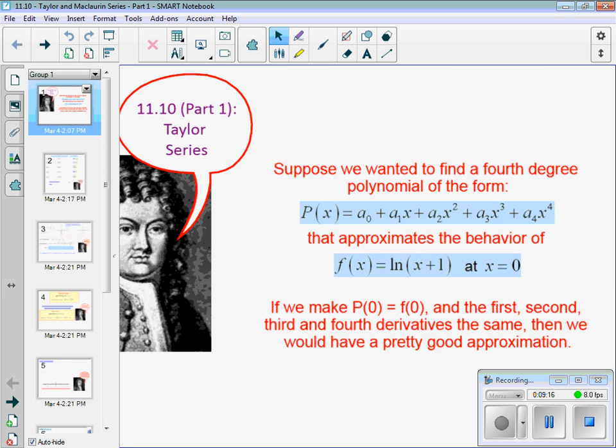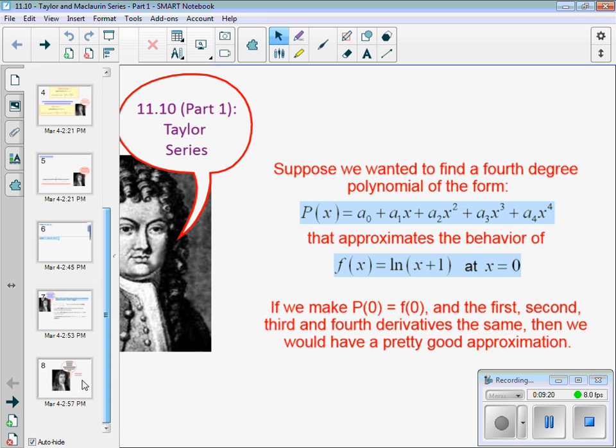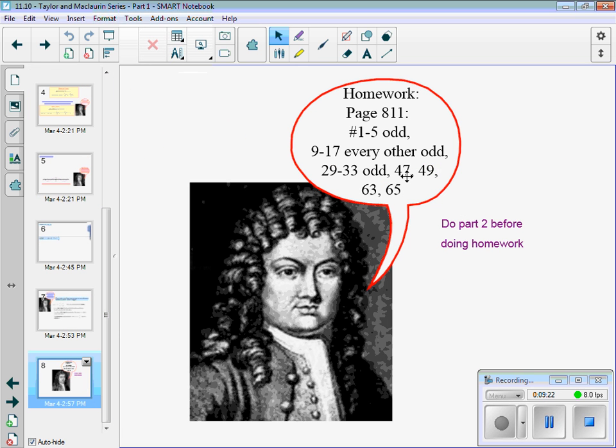So the homework problems that go with those are like here. 47 and 49 are a lot like 48, and then 63 and 65. And I think I even put 63 in a recording for you. Try it yourself, but then watch the recording and make sure it makes sense there, okay?